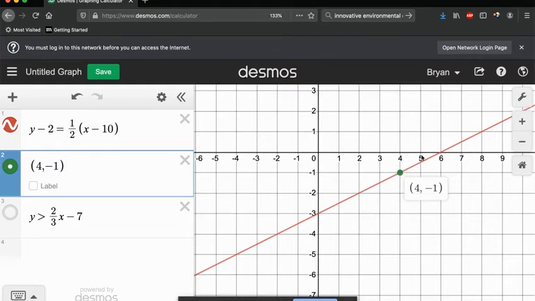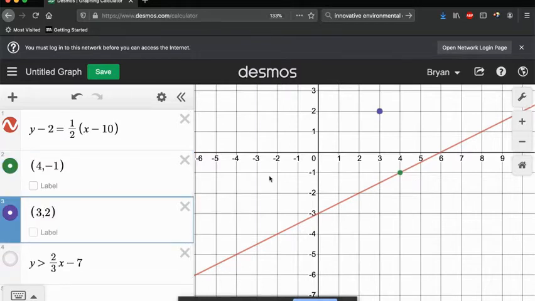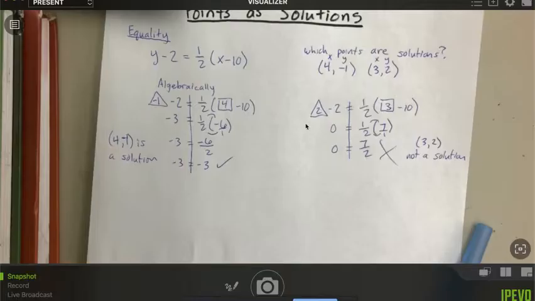Therefore, that's graphical proof that (4, -1) is a solution. If I graph (3, 2), notice how (3, 2) is way up here off the line. So how can it be a solution if it's not on the line? So graphically, once again, if a point's on my line for equality, then I know I'm good. If my point is way off the line, then I know it can't be a solution. So this is graphical, this is algebraic. They both prove the same thing.